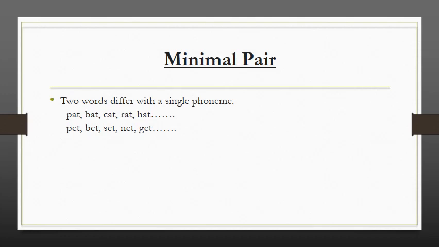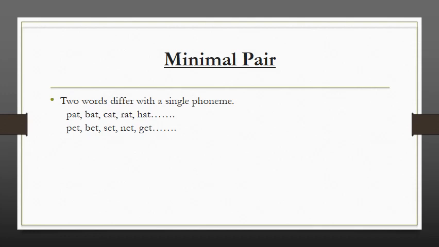Similarly, if we look at the pair of words pat and bat, in both these words a consonant letter differs, p and b. These two consonants differ and produce a new word. Similarly, if we look at the examples that I've mentioned: pat, bat, cat, rat, hat.